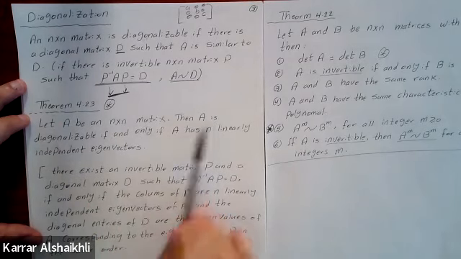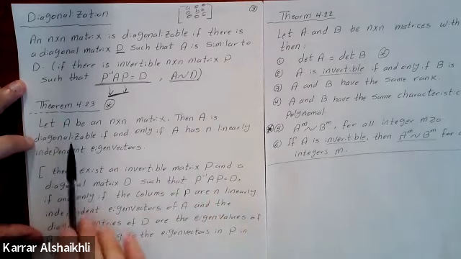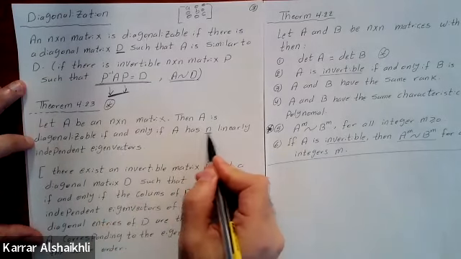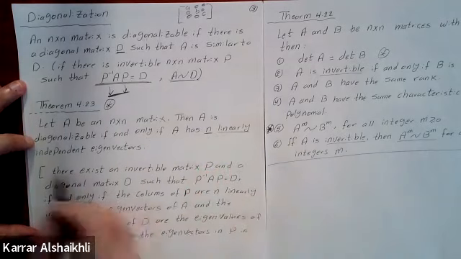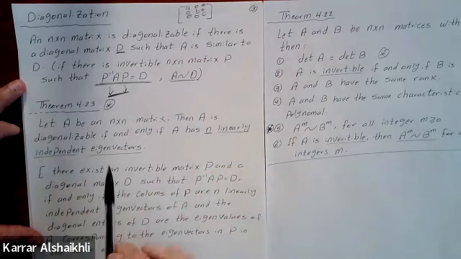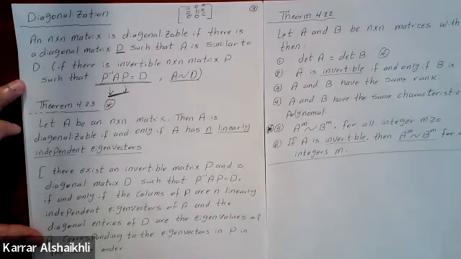Then A is diagonalizable if and only if A has n linearly independent eigenvectors. This is the general theorem, but they add an extra part: eigenvalue, eigenvector. You see, we're going to go back to the previous section, as we need to find the eigenvalues and eigenvectors.